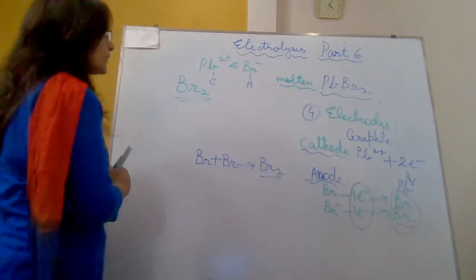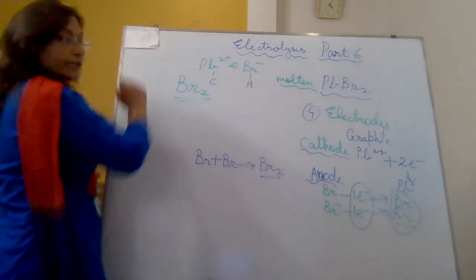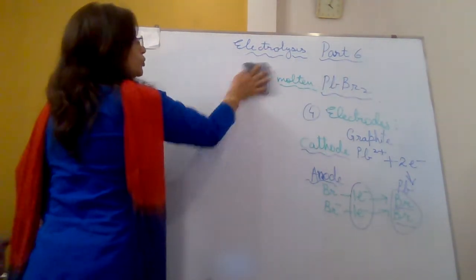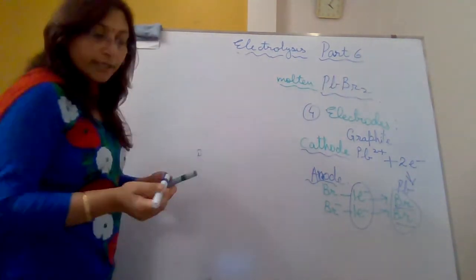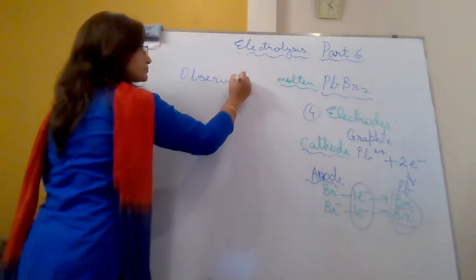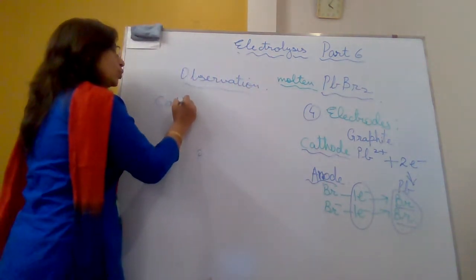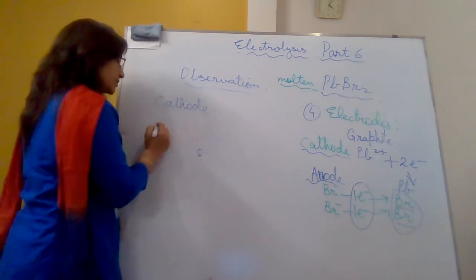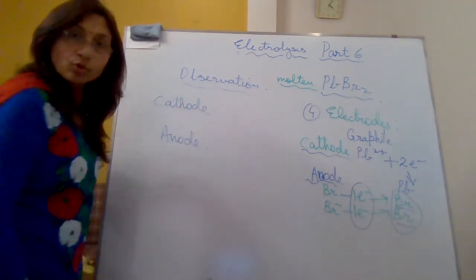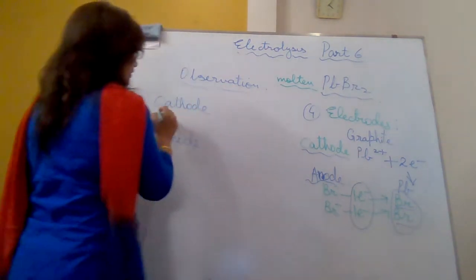Fine. Now, what will you observe at the end of the electrolysis of the lead bromide? At the end, what will be the observation? At cathode, what observation will come, and at anode, which observation will come? Now let us see.